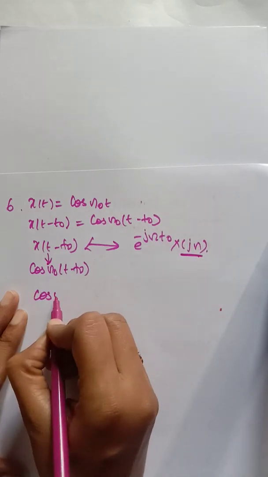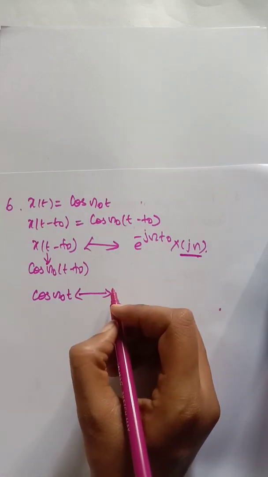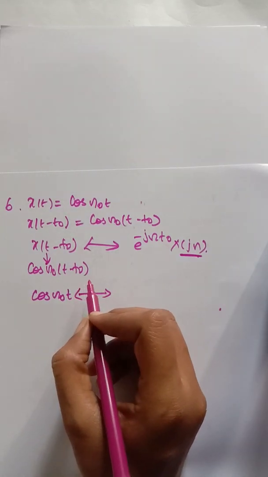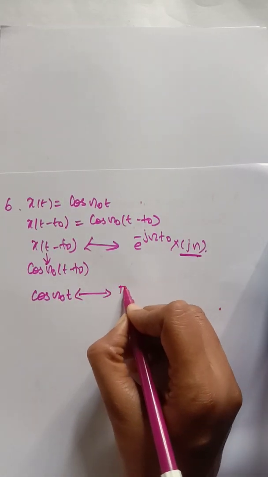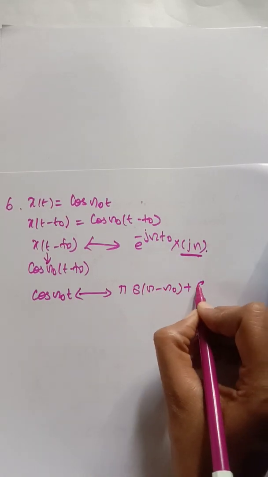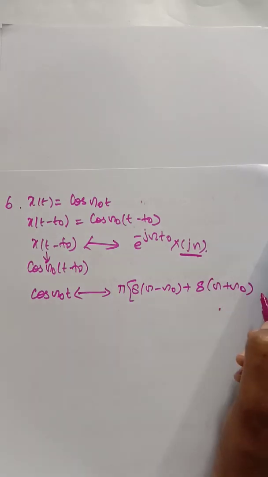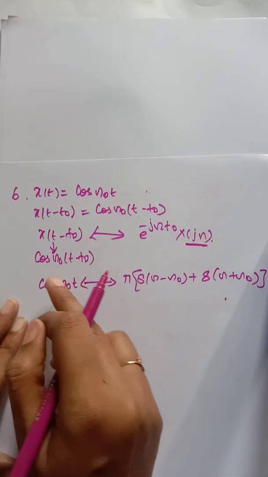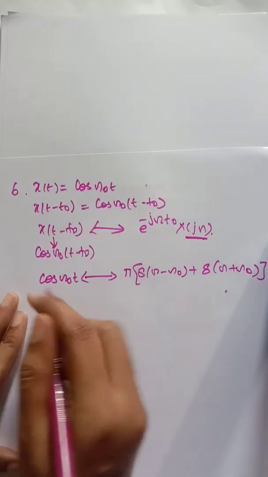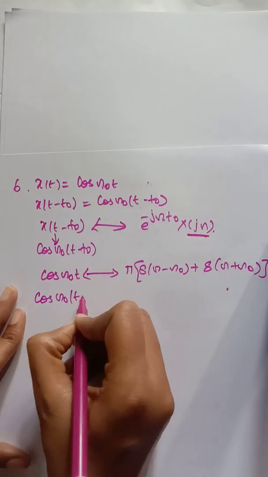For cos ohm naught t, when you apply the Fourier transform, it is pi into del of ohm minus ohm naught plus del of ohm plus ohm naught. This is the formula for this. So when you apply t minus t naught, you get cos of ohm naught into t minus t naught.